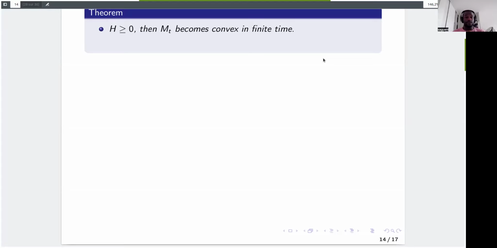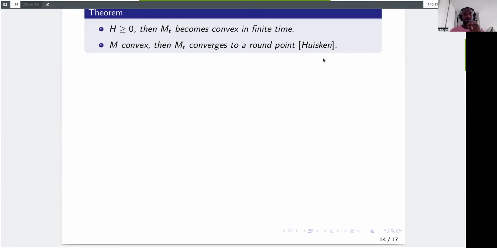And then, if M is convex, then Mt converges to a round point.